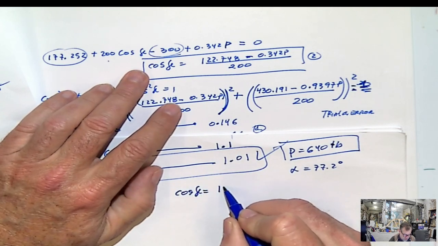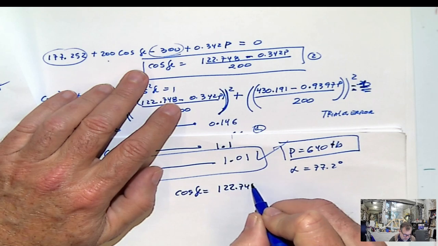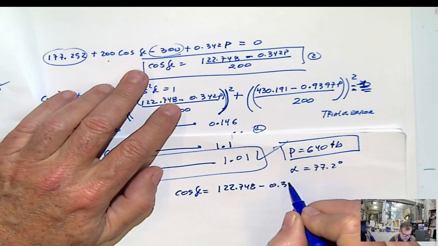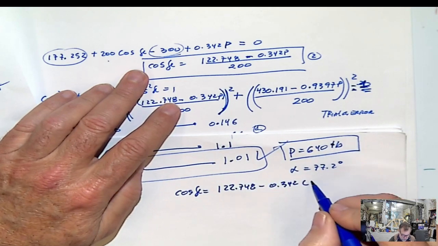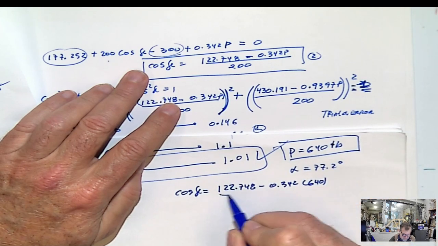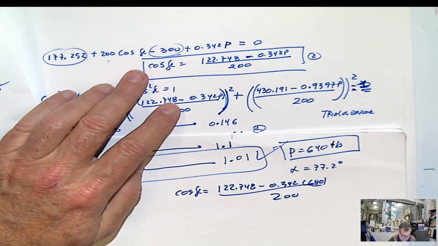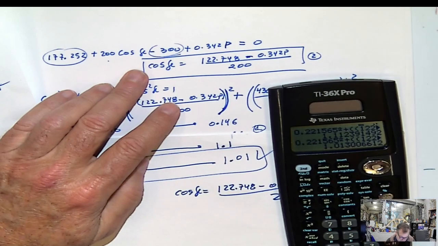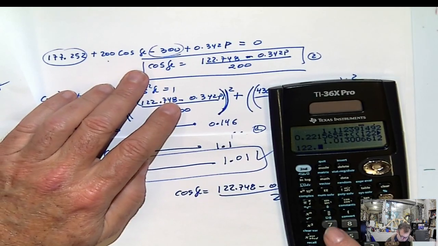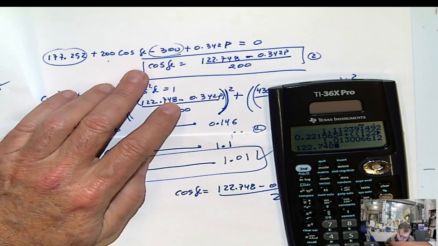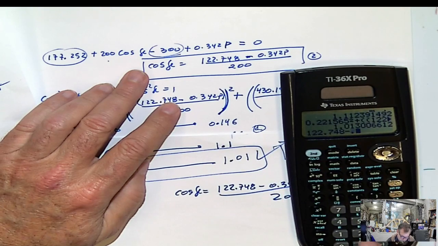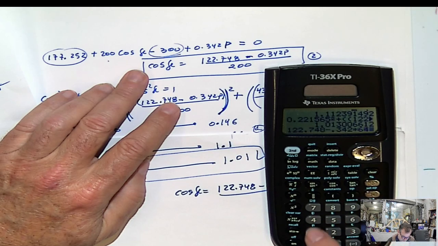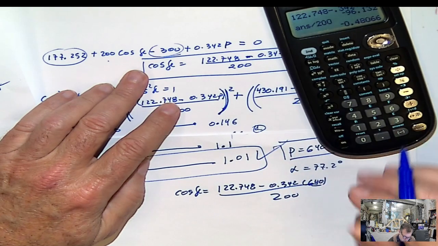Now if I want to know the rest, I know the cosine gamma is 122.748 minus 0.342 times the force, 640, divided by 200. So that will be 122.748 minus 0.342 times 640 divided by 200, and then you get the inverse cosine.